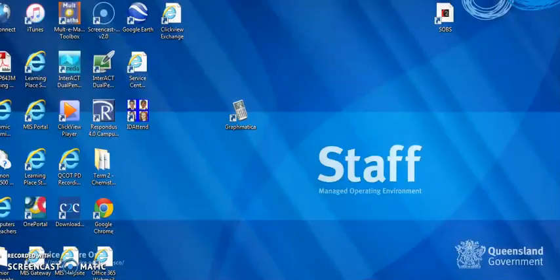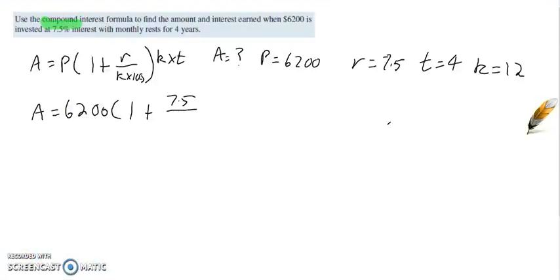Times by 4. With these types of questions, it's a lot of calculator work. You cannot do it without a calculator. If you can't type this in your calculator, you really need to go and talk to your teacher. Type 6200, open the brackets.